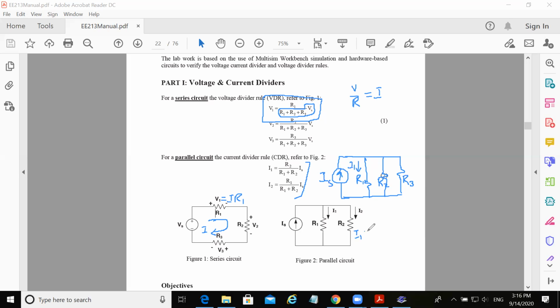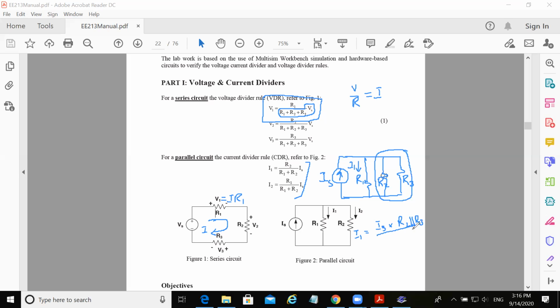I1 will be equal to the total current, which is IS, multiplied by the resistances other than R1. Remember, when we wanted to write I1 before, we multiplied IS by the resistance other than R1. So what is the resistance other than R1 here? It is actually the total resistance of the other branch, which is the parallel combination of R2 and R3. So I will multiply IS by the parallel combination of R2 and R3.